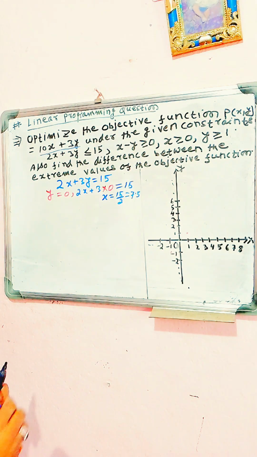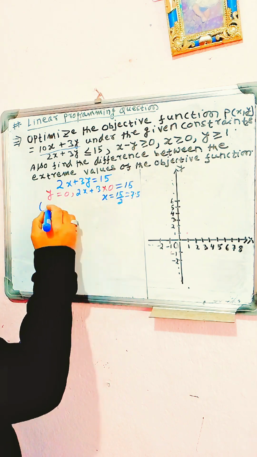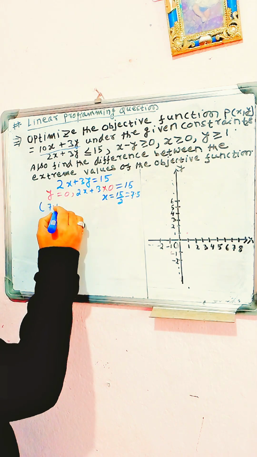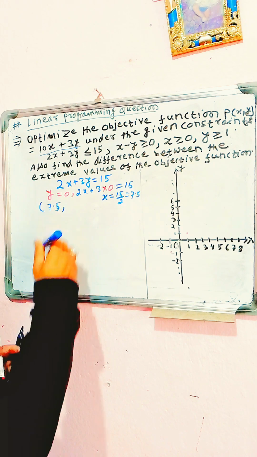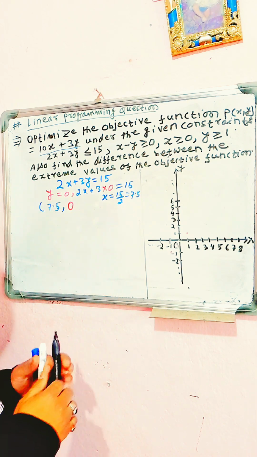So one boundary point you have obtained is x equals 7.5 when y was 0. Is that okay?